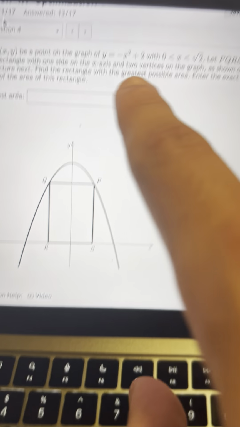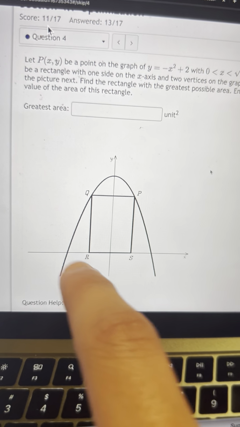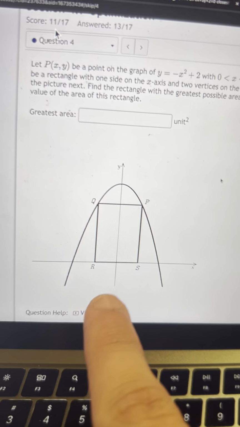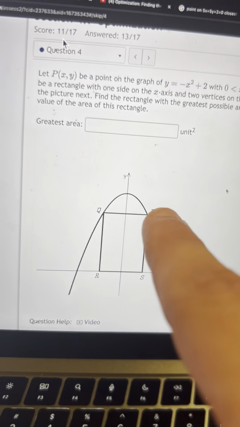And you have to use your coordinates. So you know this distance is x, you know this distance is x, you know this distance is y. So 2x times y, that's your area. And then that's your y. So then you replace y with x. Take the derivative, find your x, plug that in to find y.